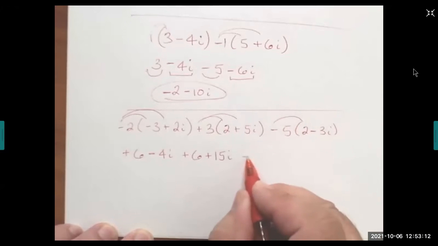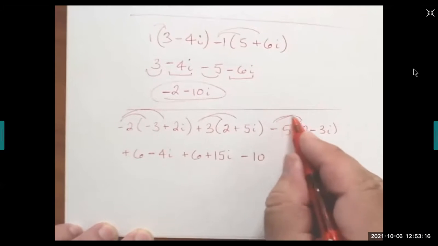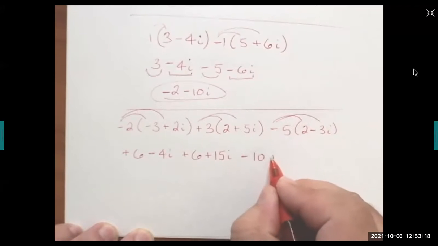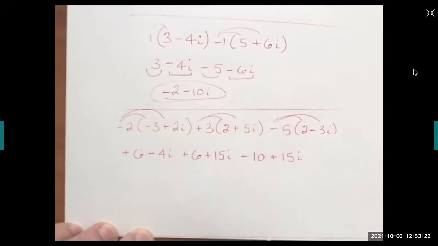Negative times positive is negative. 5 times 2 is 10. Negative and negative is a positive. 5 times 3 is 15i. Try to get in the habit of doing the signs and the numbers separately. It will limit the amount of mistakes you'll make.